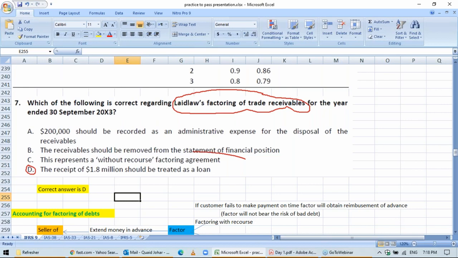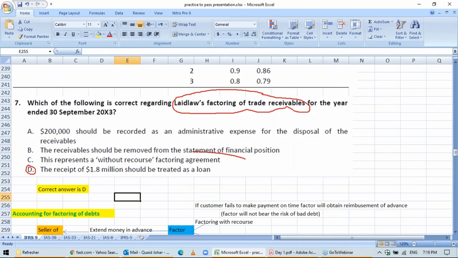So if the creditor manages to receive from the customer, in that case, he will not ask for the money. But if the buyer fails to receive money from the customer, he will ask for the money from the seller, the ledger. So if you repay the money back, it's not a sale. If you repay the money back, it's a loan. In case of loan, you repay the money back. So this is a with recourse factor.